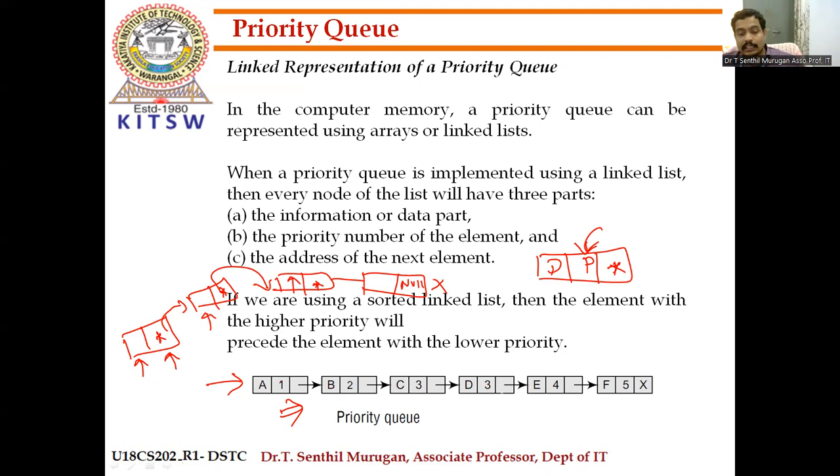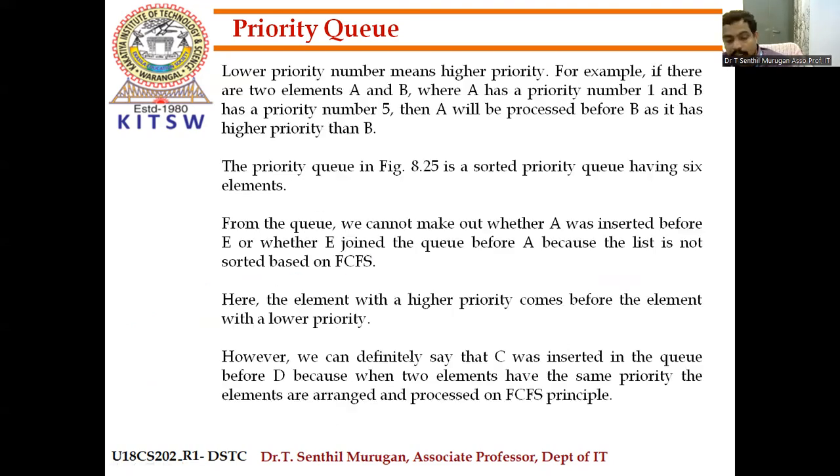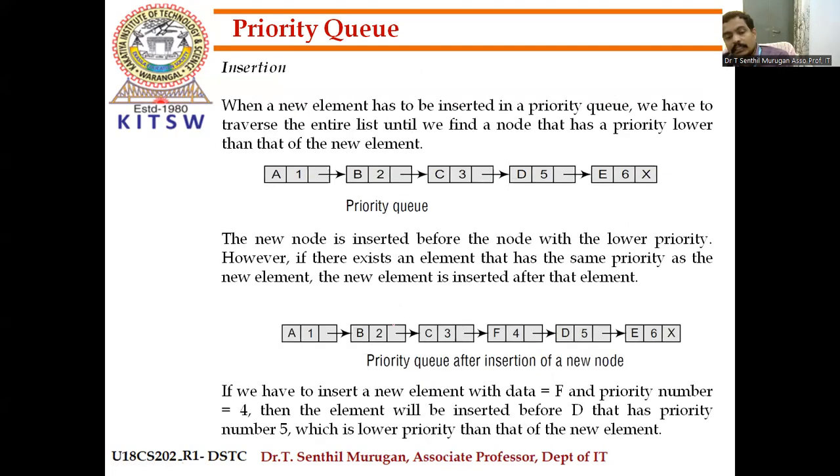Again, C and D both have the same priority, and this is the fourth priority, this is the fifth priority. So this is the priority queue. That is the linked list representation. But in a priority queue, if two elements have the same priority, then we follow the first come first serve basis. Whoever comes first, that element will be executed.